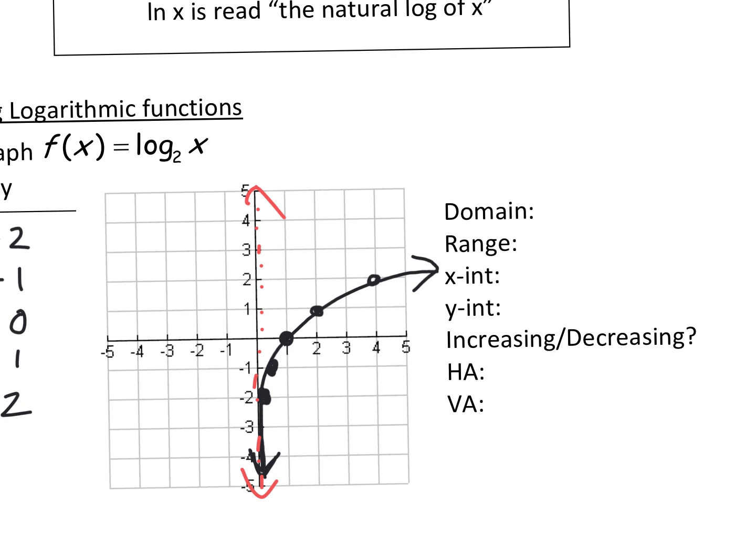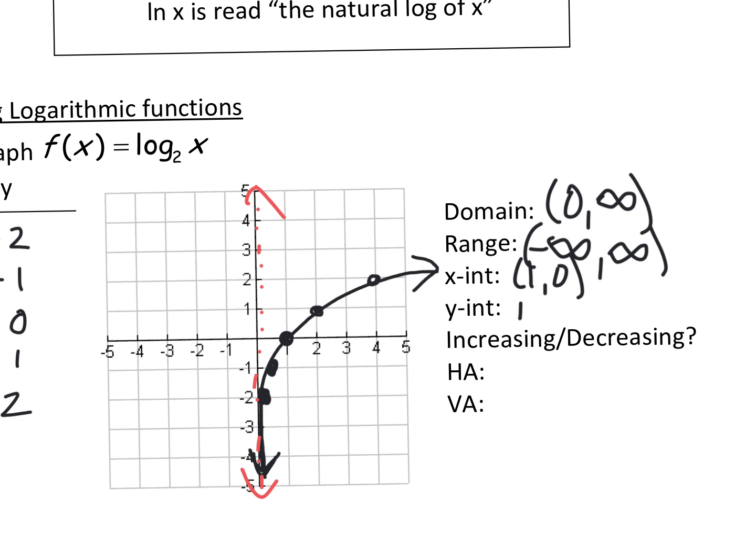Therefore, our inputs of logarithms are restricted to 0 to infinity. Our range goes all the way from negative infinity to positive infinity. Our x-intercept is (1, 0), and that's going to be our key point, rather than the y-intercept as in exponential functions. In this case, we have no y-intercepts. The function is increasing as we move left to right. There are no horizontal asymptotes, but now our vertical asymptote is x equals 0.